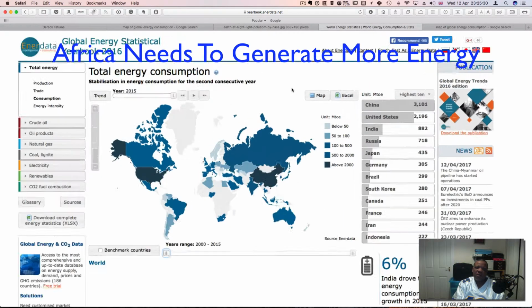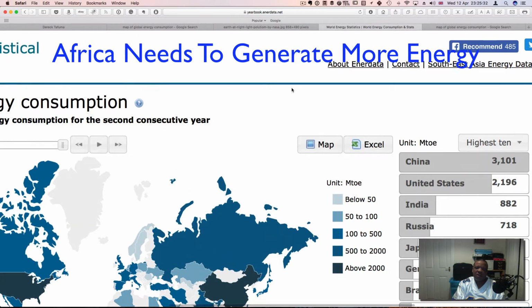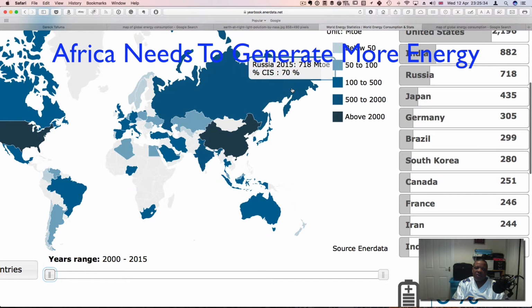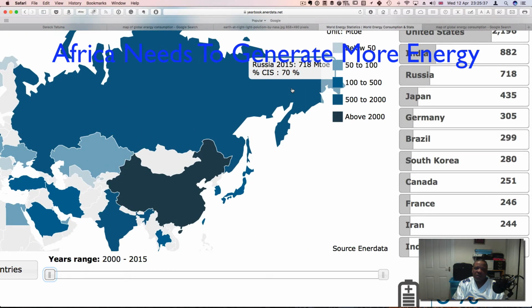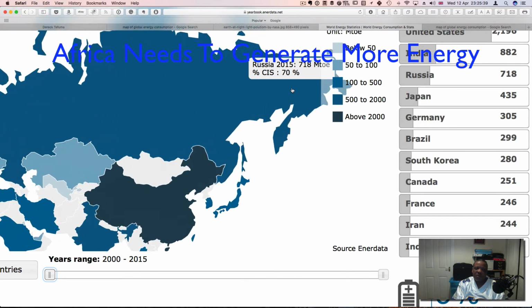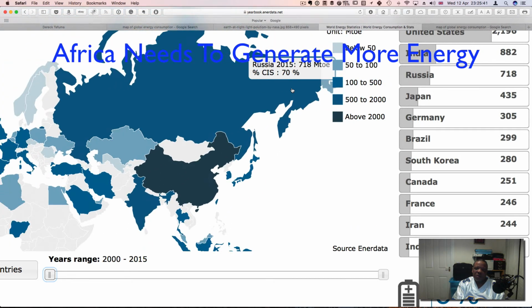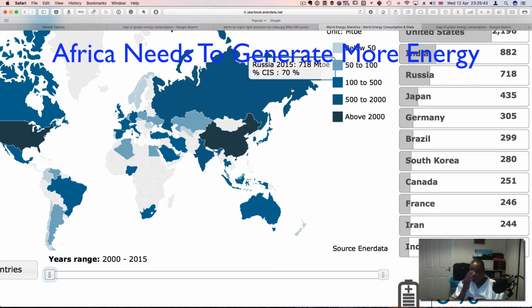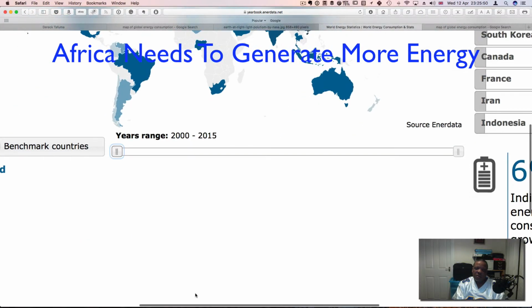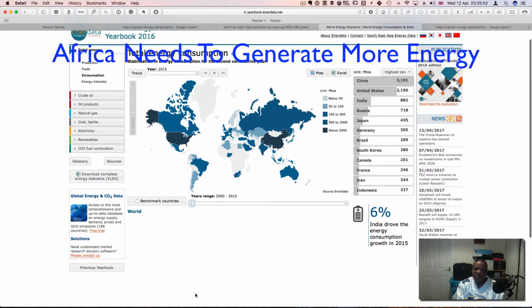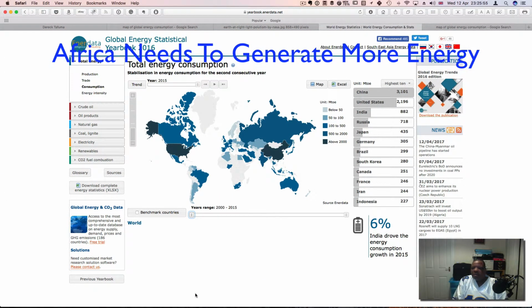So I've used this to put some figures behind my concerns that Africa is not doing enough to harness as much energy as possible and use that energy to develop its economies. You see, we cannot talk about economic policies which exclude energy generation and distribution, because without energy, we are still relying on manpower.